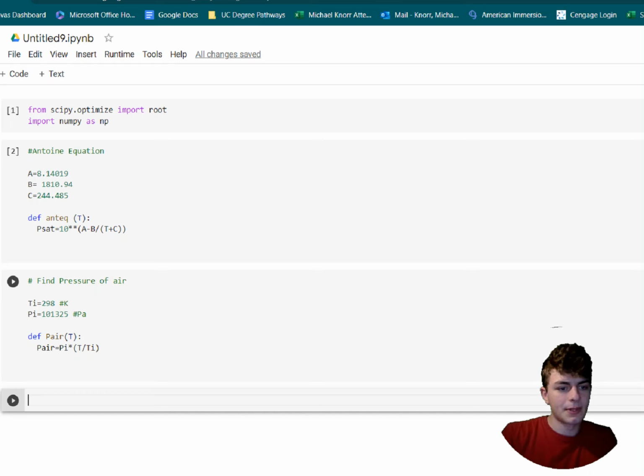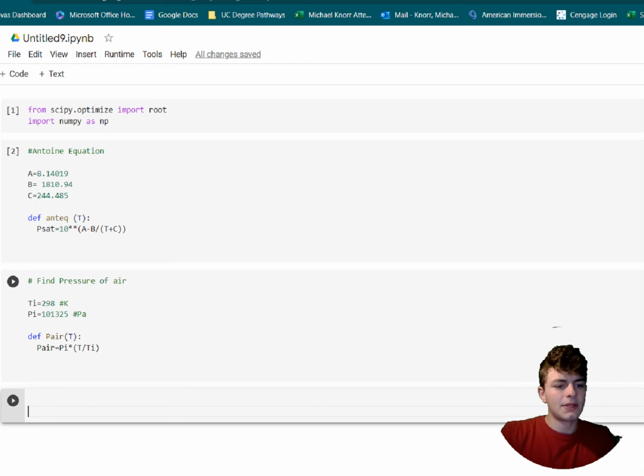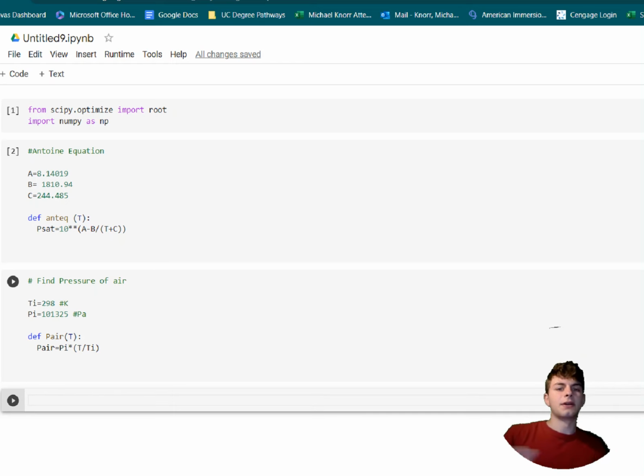Wonderful. Now, I just need some sort of function in order to put these together. So I will call this the functions added, or this is going to be the equation that combines both of our functions here in order to find the P total function.